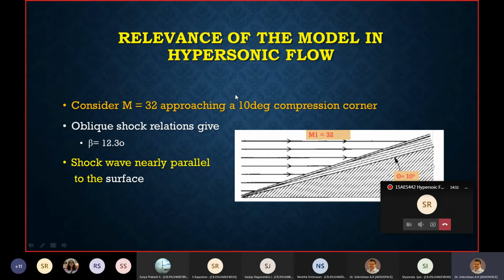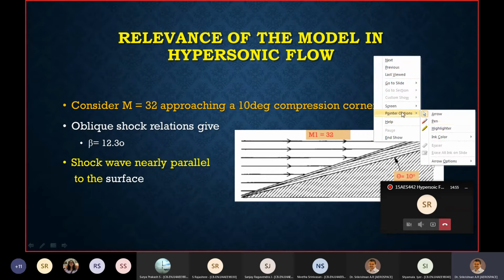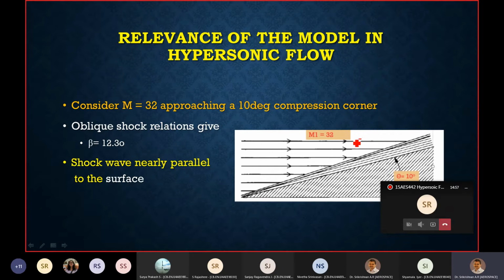You have a flow coming at a very high velocity, Mach number 32, which is not unusual in re-entry vehicles. So the free stream Mach number is 32, and we are considering a reasonably sharp cone. The included angle is 10 degrees.